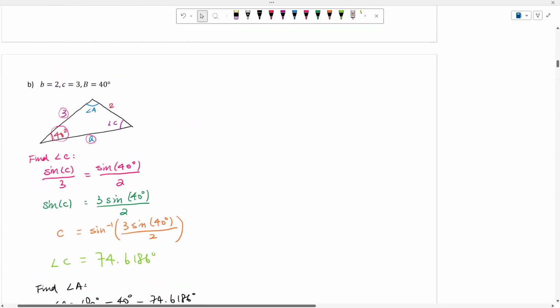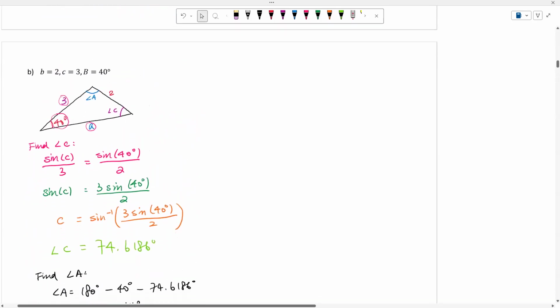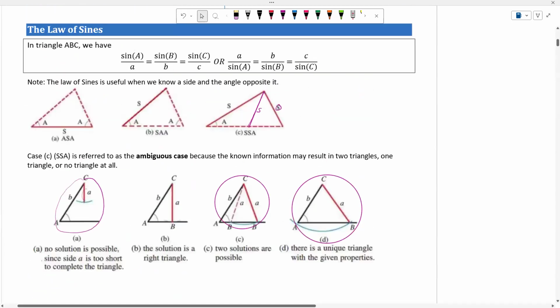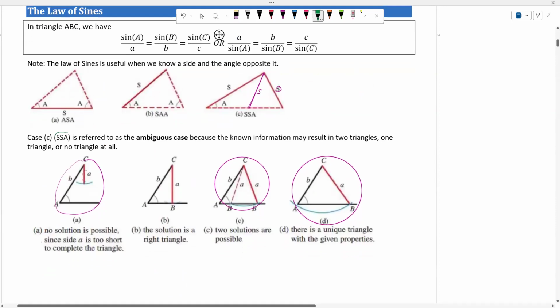Now, let us look at this example here. You will see that this example is what type of triangle? We have side, side, angle, so this one will be SSA. Remember when I mentioned this, if you have the case SSA, then what happens?